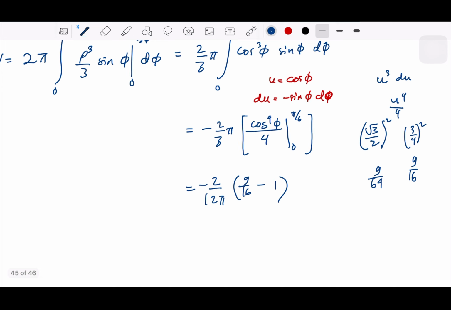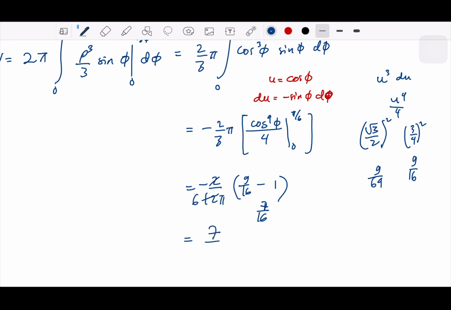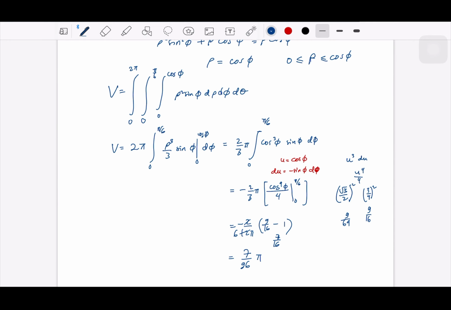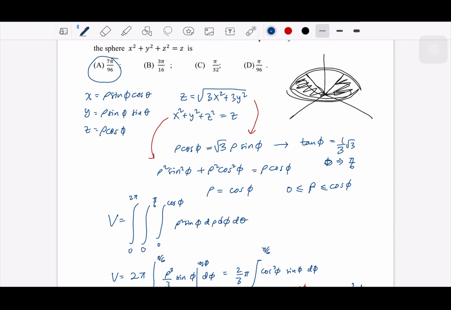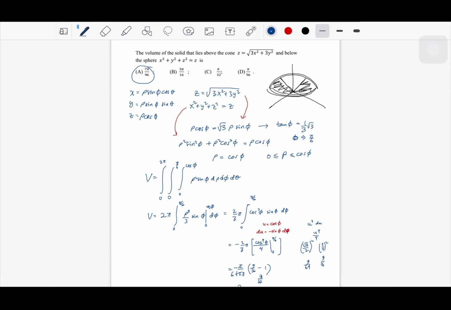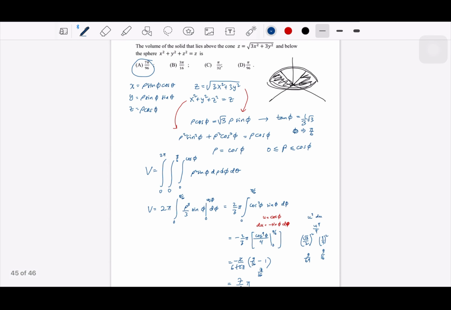Yeah. So 7 over 16, and this is 6. So it's supposed to be 7 over 96 pi. Okay, so this is the answer. I hope you get the same results with me.